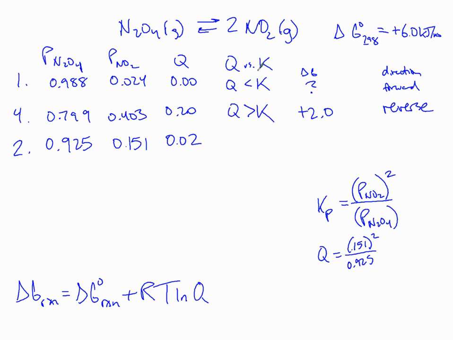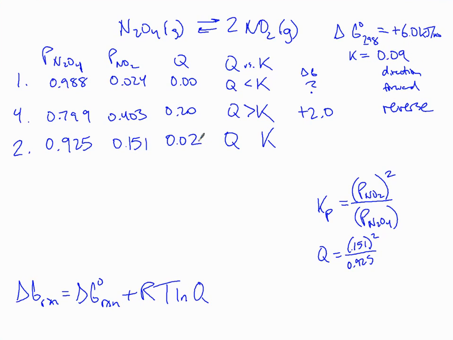The next column is Q versus K. How are they related? We were given the equilibrium constant. Is Q less than, greater than, or equal to? It's on your paper here somewhere. What's our value for K? Anybody see it? 0.09.